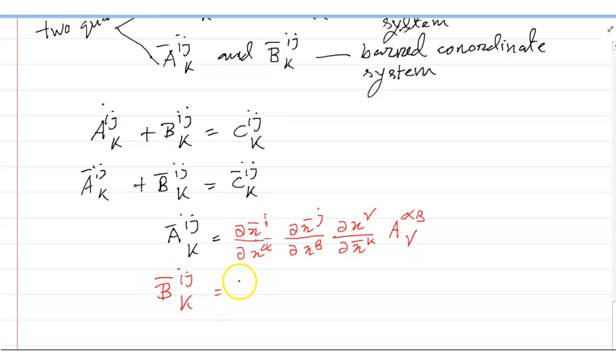It can be written del x bar i divided by del x to the power alpha and del x bar to the power j divided by del x to the power beta into del x to the power gamma divided by del x bar to the power k, B alpha beta gamma.